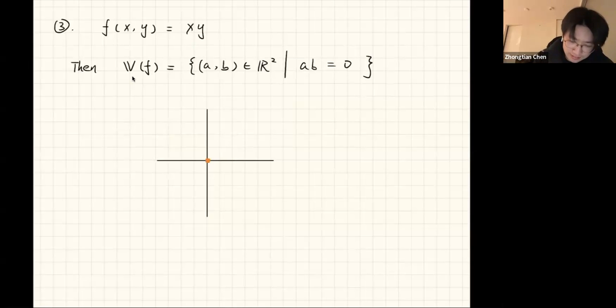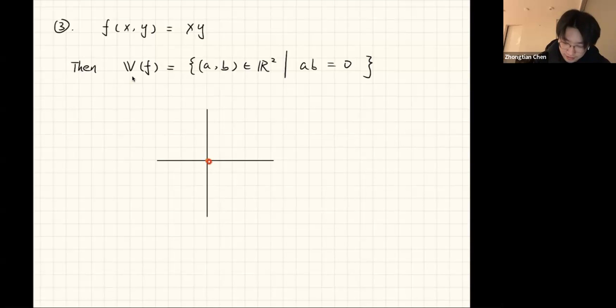Right, this is another simple example. In this case, the vanishing set will just be this cross, because it's the points in the plane where either a equals 0 or b equals 0. And again, everywhere except the origin, locally this thing looks like an interval, but at the origin, it is different from an interval.